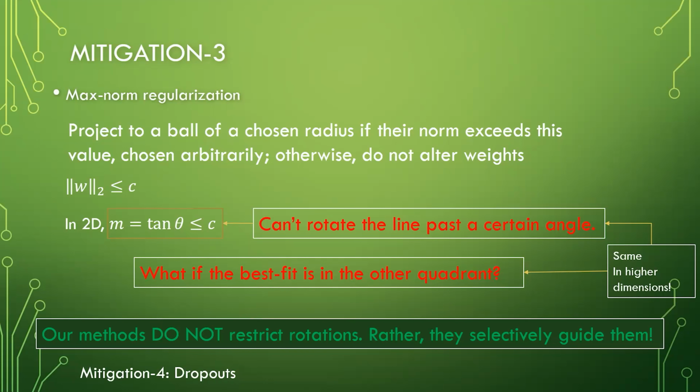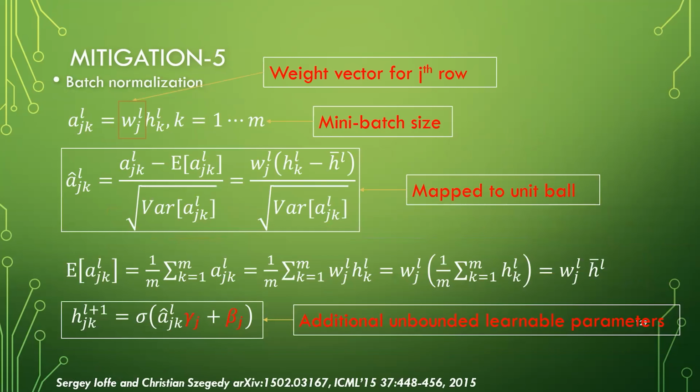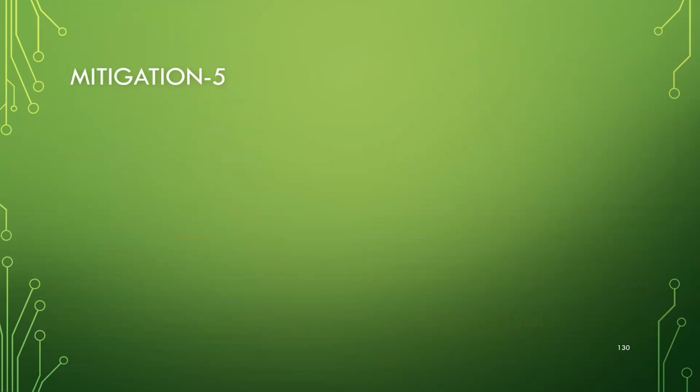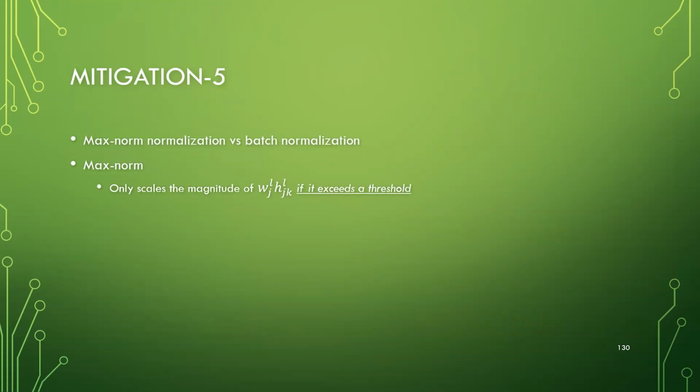So the idea of batch normalization is to map these weights to unit balls, and when you introduce these additional parameters, they are unbounded. If you compare max norm and batch normalization, max norm only modifies the magnitude. It does not change the orientation.